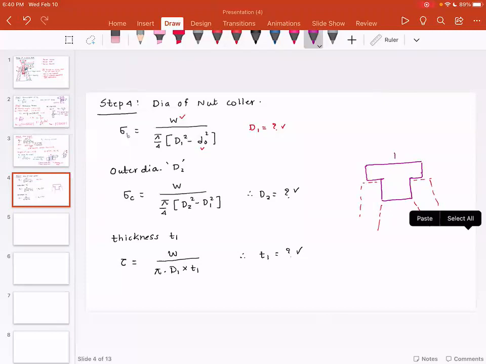This is the center line of the nut, and then this is the core diameter and the outside diameter. So you have this dimension as D2, this dimension as D1, and this dimension as D1.